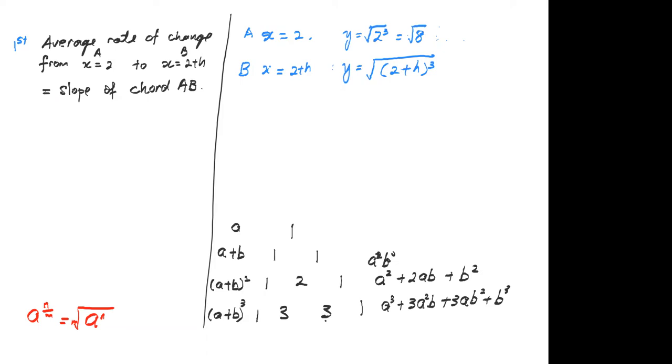So every term will be cubic. Actually this is quite easy to memorize. Cube, power 3, correct? You see 1, 3, 3, 1. Altogether you get 4 terms when you expand. Power 1, 2 terms; power 2, you expand, you get 3 terms. Power 3, inside got 2 terms, you expand, you get 4 terms. So if you go to 4, you can build your Pascal's triangle as you go.